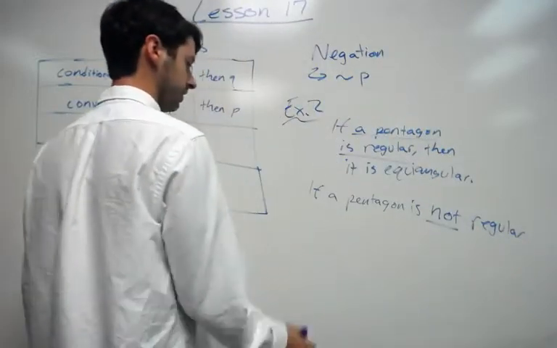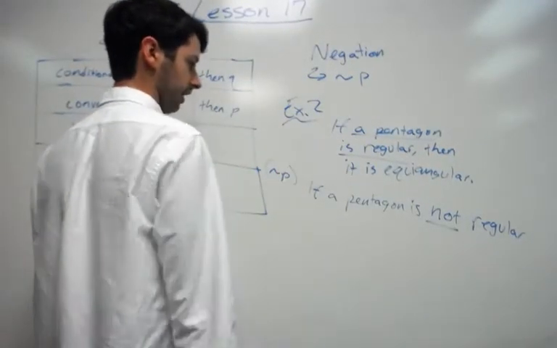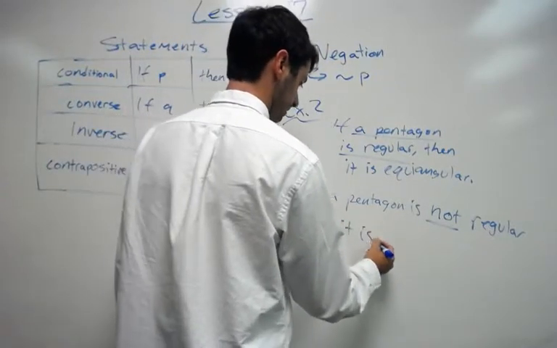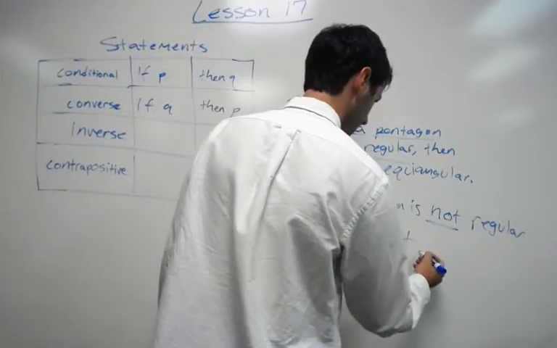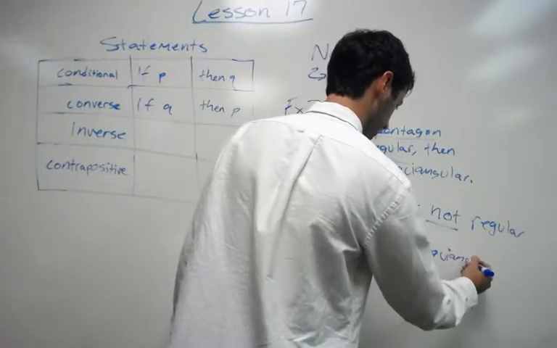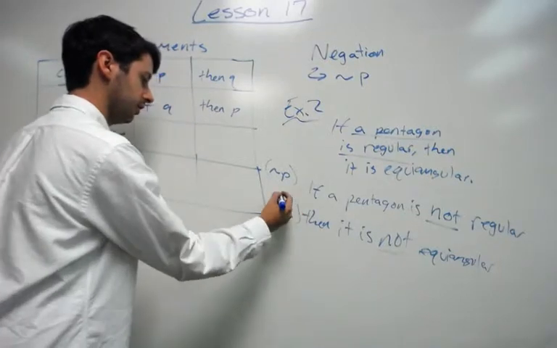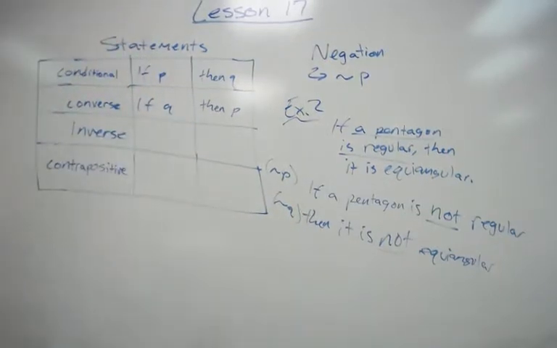That would be your negation, your not P. You would say then it is not equiangular. So there would be your not Q, and that's all a negation is.